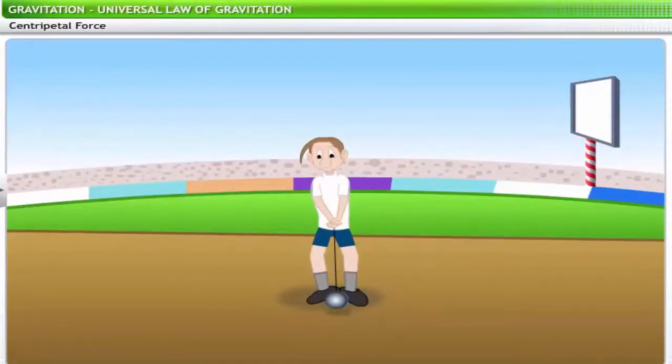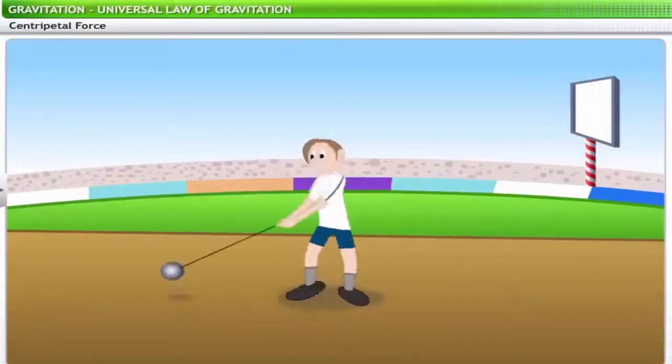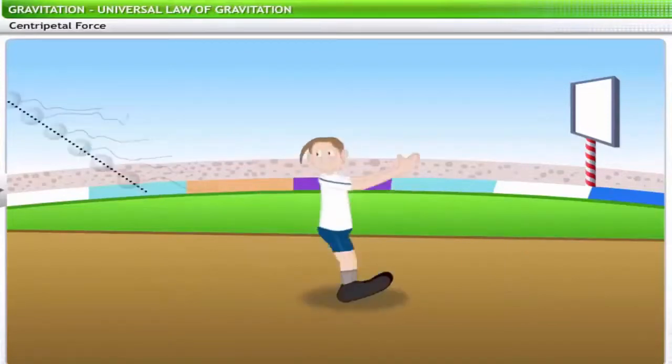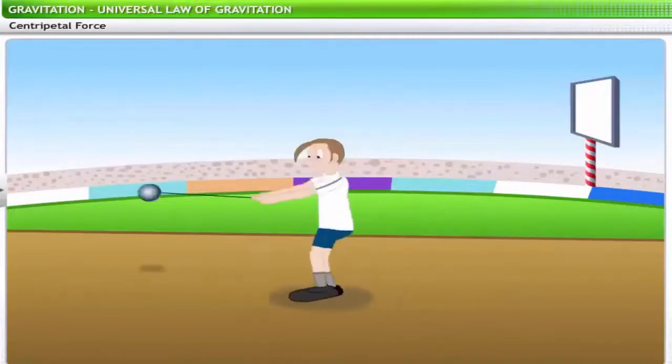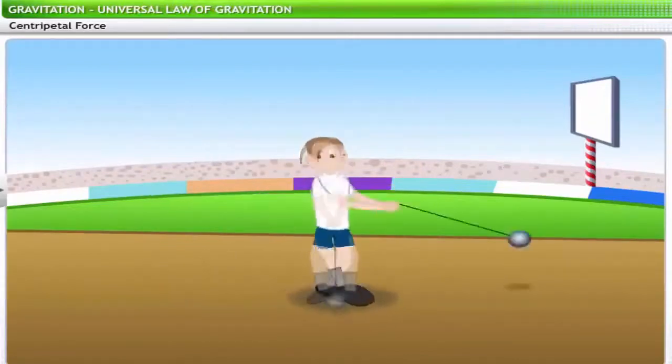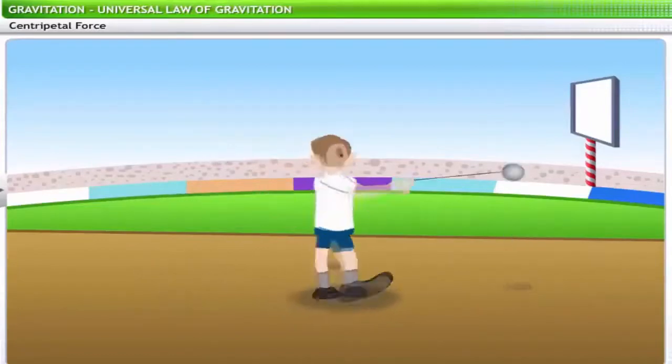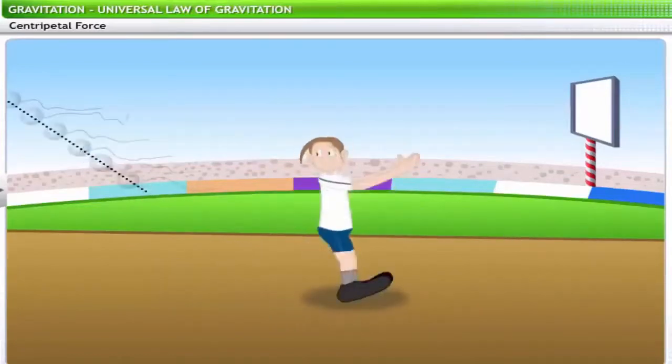Each thrower swings a hammer around and releases it at a point such that the hammer flies off in one direction. You can observe that the hammer gradually gains velocity as the thrower swings it around, and the hammer flies off in a straight line which is tangent to the circular path of its revolution.